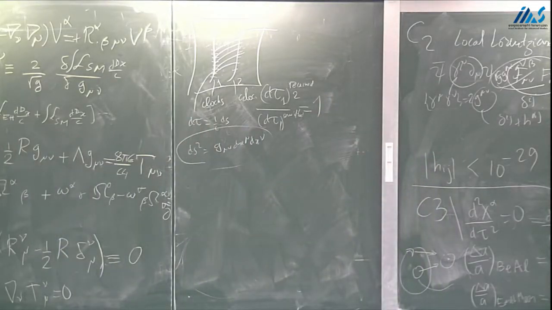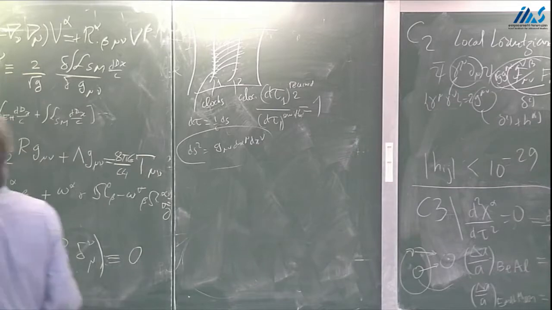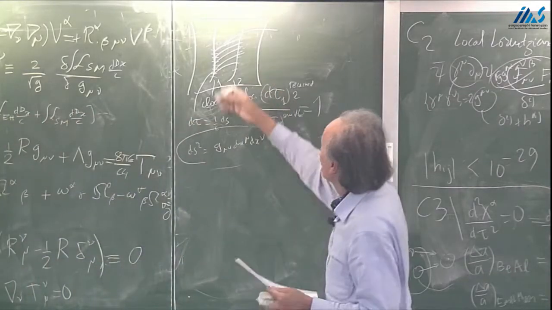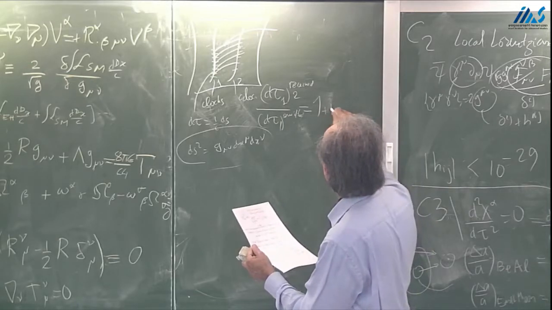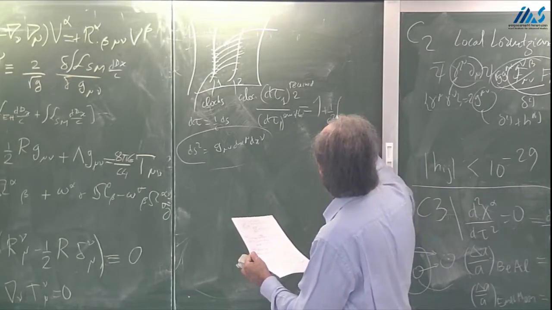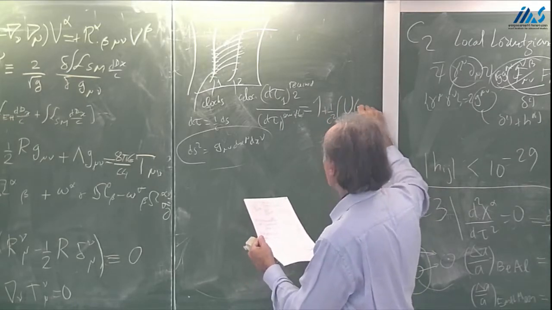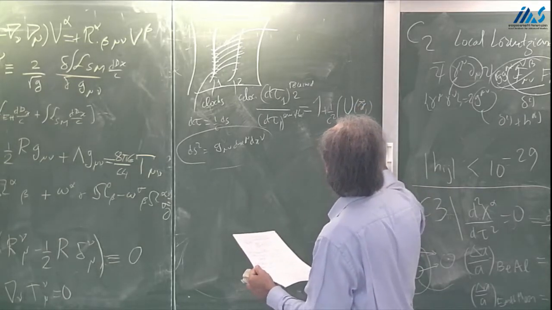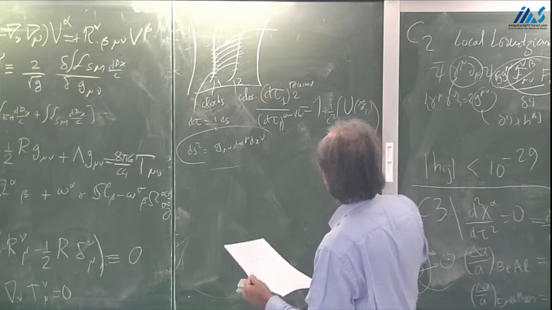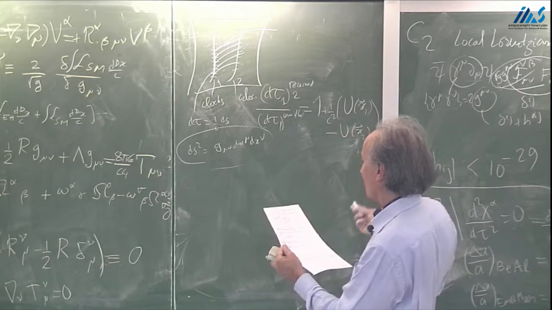So the knowledge of this gives me the redshift, the clock comparison between two clocks located at different heights in an external gravitational field, and you find that this is the external potential U at position x1 minus U at position x2, plus smaller terms.